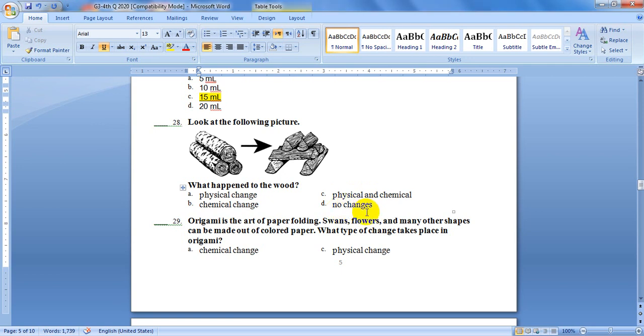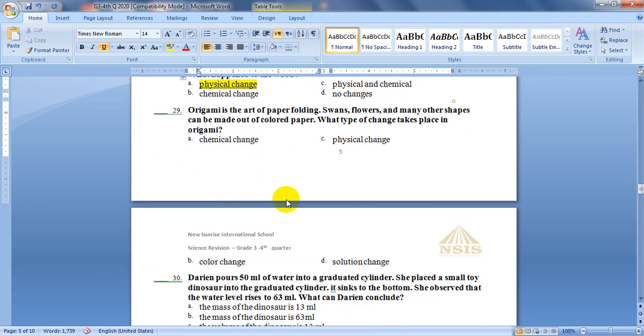Cutting or chopping wood here is a physical change, because only its size and shape changes. Wood is still wood, the same substance or the same kind of matter. No new form of matter is formed, so it's a physical change.